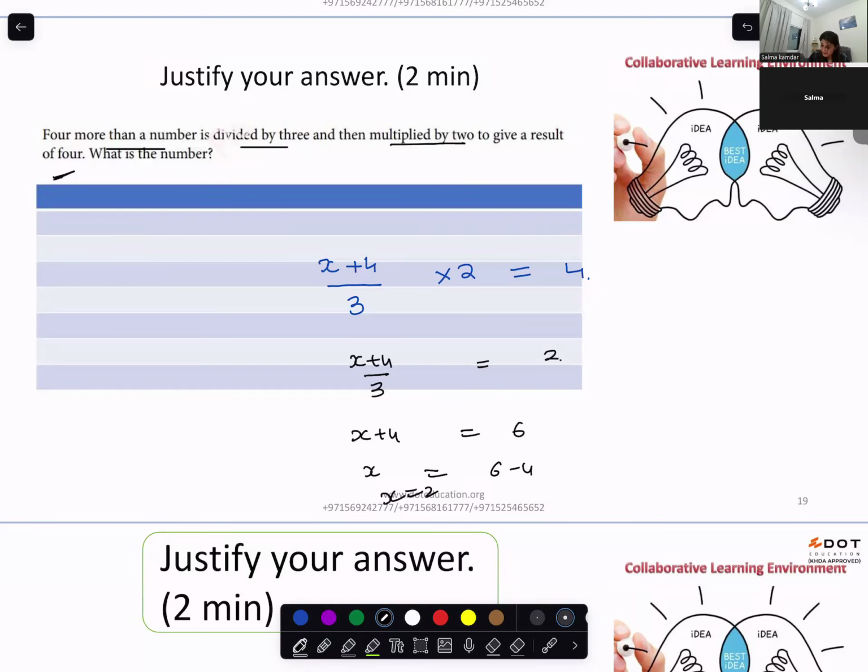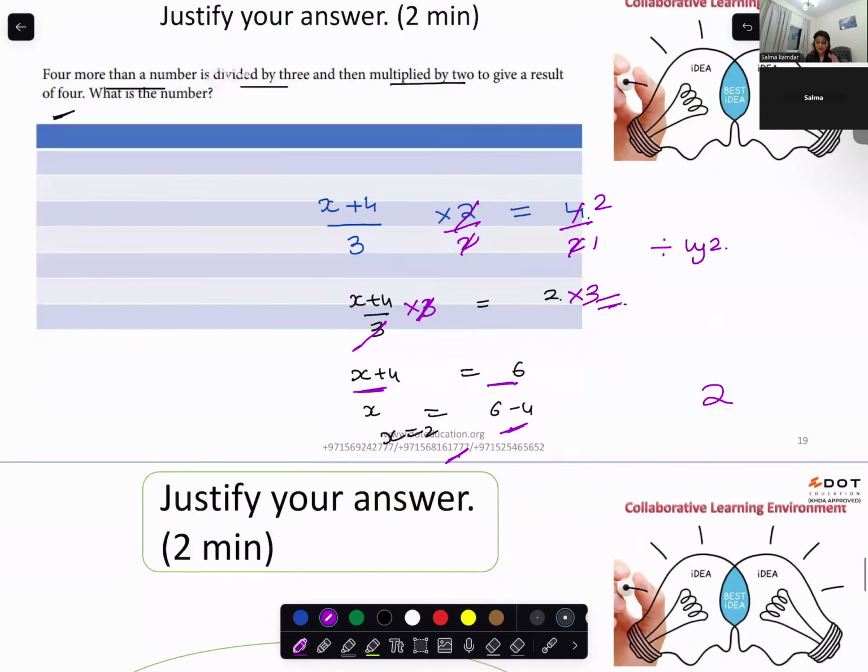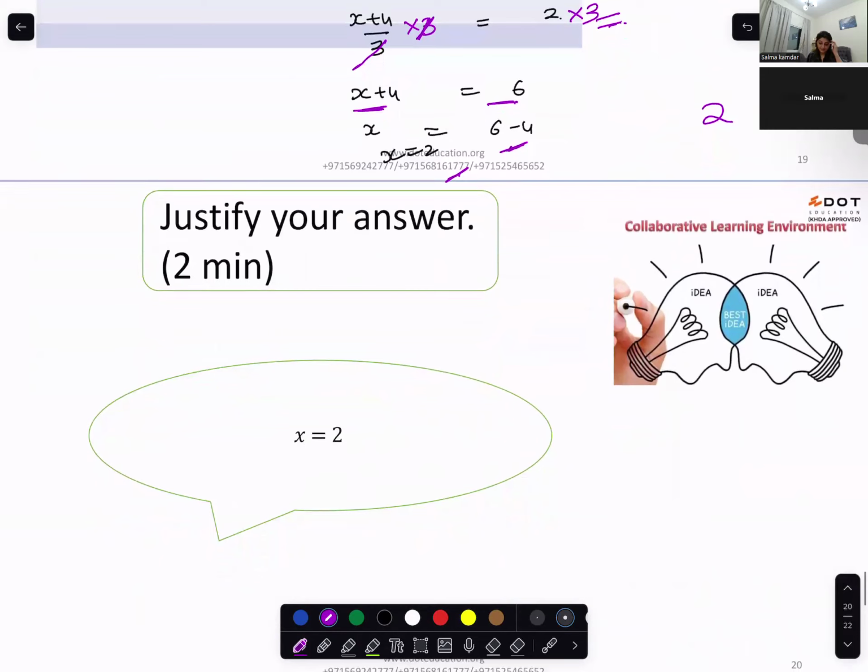So first I will divide both my sides by 2. If I divide by 2, this goes away and I am left with 2. Then I will multiply both the sides by 3. So this will go away. I'm left with x plus 4 is equal to 6. So my x is 6 minus 4. So my x is 2. The number is 2. It is very important for you to think.